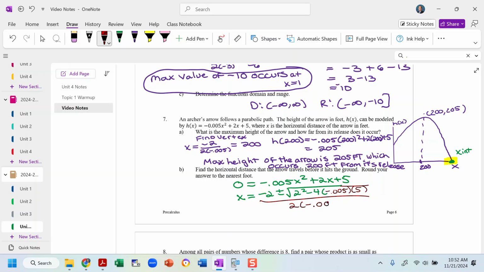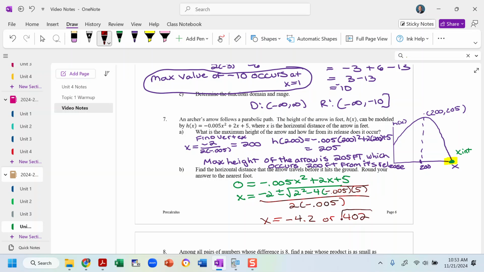Now type this in your calculator. You might have to type one time for positive and one time for negative, and you get, I want to say, negative 4 point something, or you get 402.